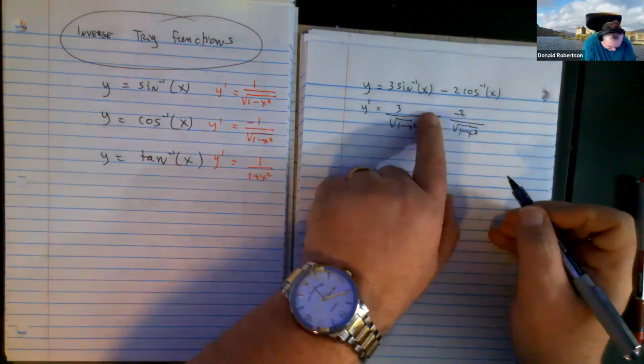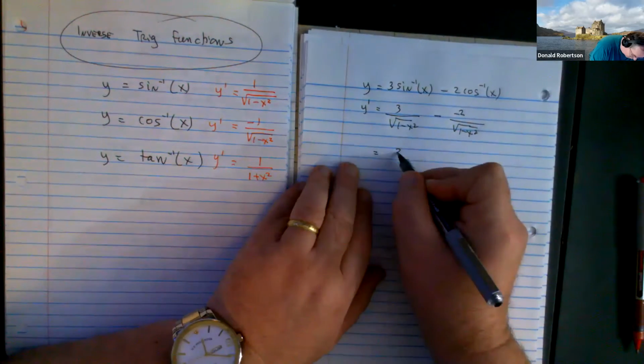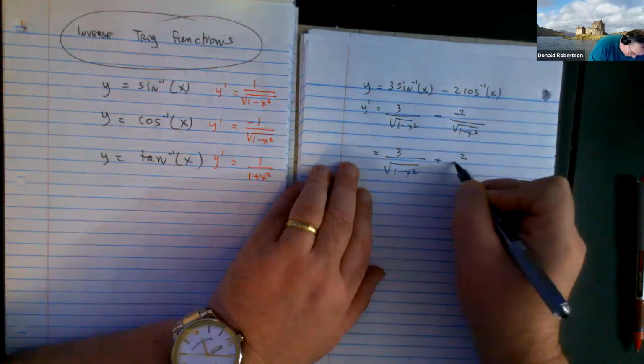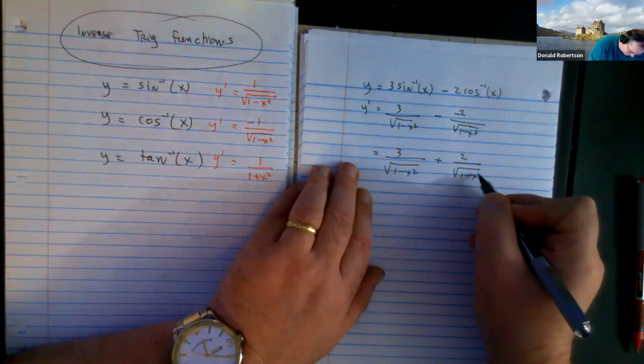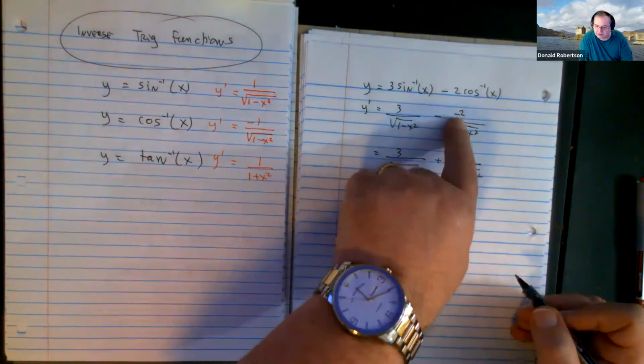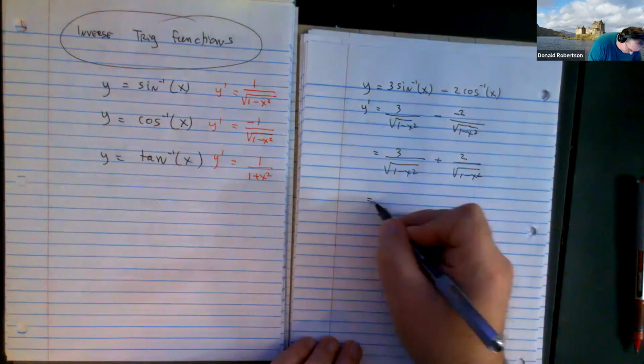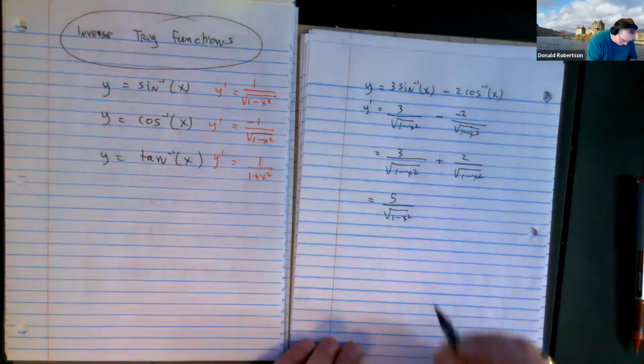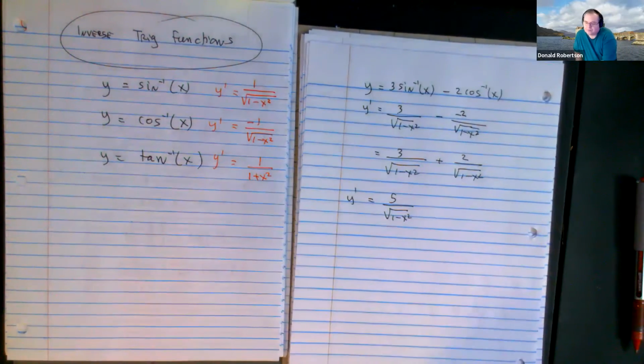But if you take away a negative, you're adding it. So what you've really got is 3 of those guys plus 2 of those guys. You're happy about taking away a negative gets you a plus. And since they share a common denominator, there is your answer. Are we okay with that?